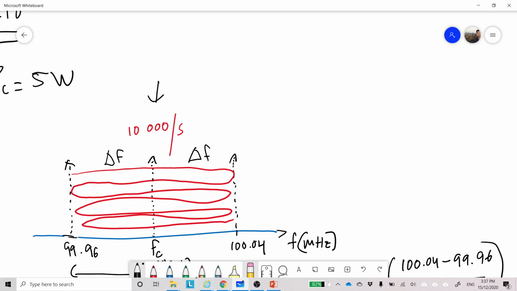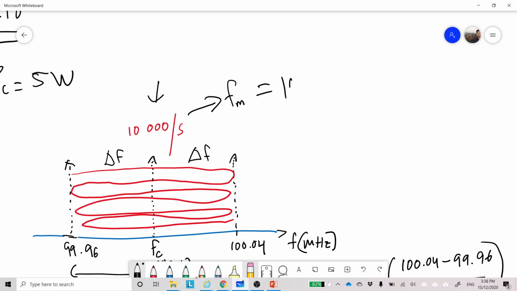Class, perhatikan this 10,000 times per second is actually referring to the modulation signal frequency, which is the FM input frequency, which is equal to the number of the rate of fluctuation is equal to the modulating signal frequency.